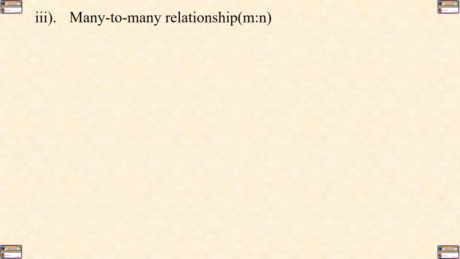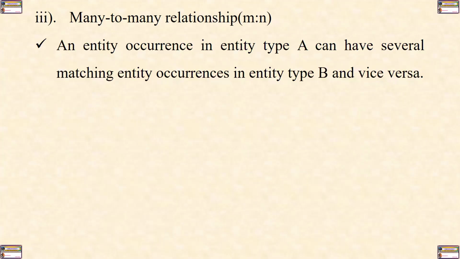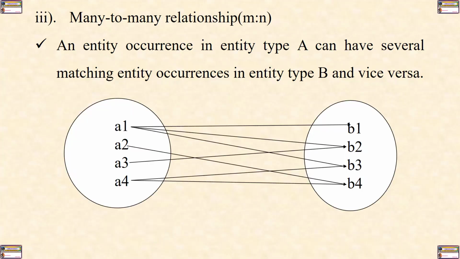The third one is called a many-to-many relationship. Here, an entity occurrence in entity type A can have several matching entity occurrences in entity type B and vice versa. So this is the difference we want to make. You can have fields in table A having several related fields in table B, and several fields in table B can have several relations in table A. In table A, the field called A1 is related to fields B1, B2, and B3 in the second table.